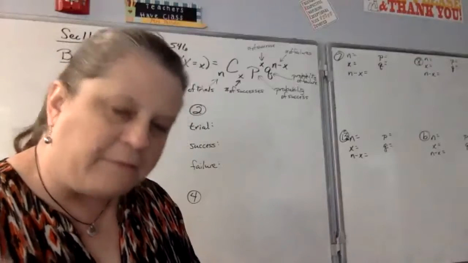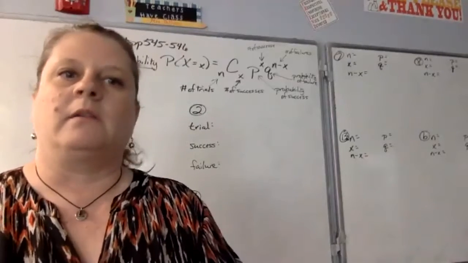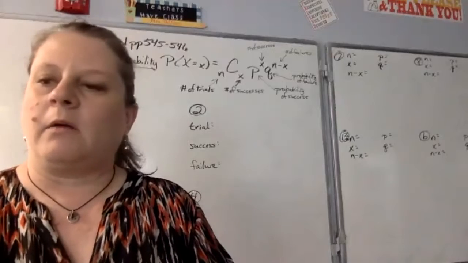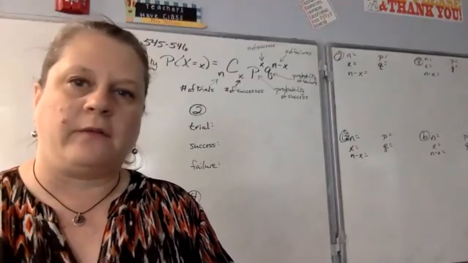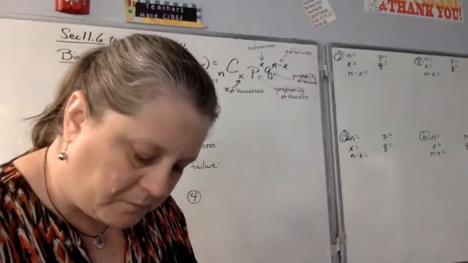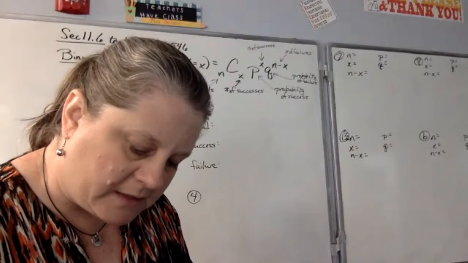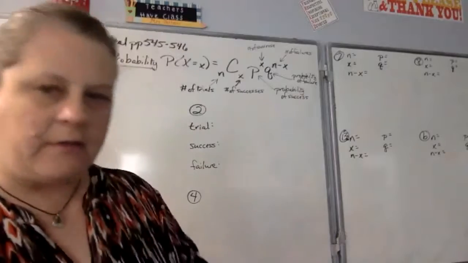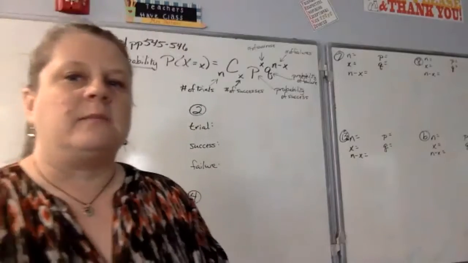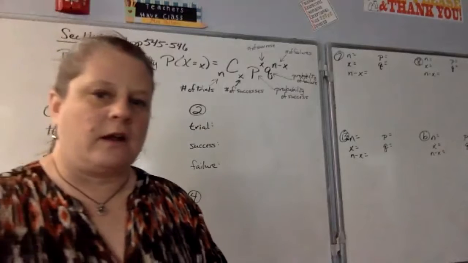Then it's a fixed number of trials. We're only flipping the coin 20 times, or we're only flipping it 10 times, or we're only picking something out of the bag 5 times, whatever it is. It's got a set number of trials. And then the 4th property is the probability of success is constant on every trial. So I have the same chances of getting what I want every single trial.